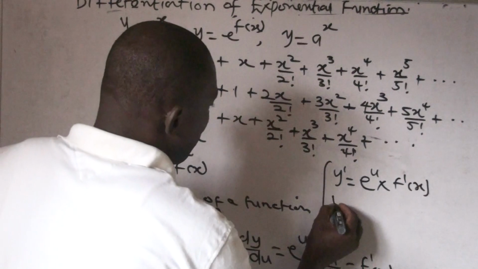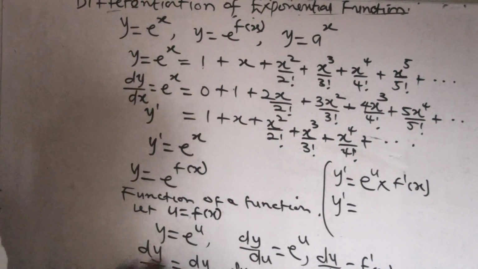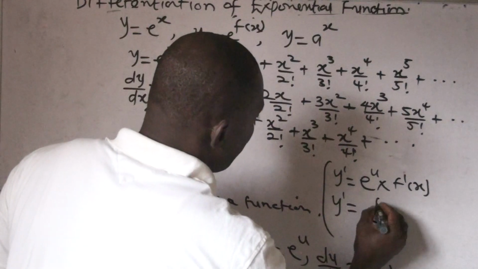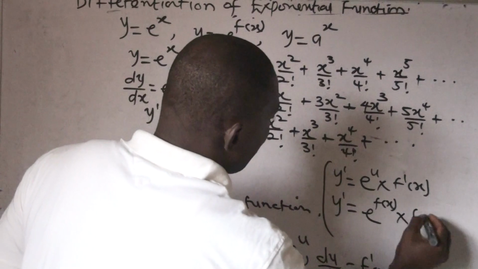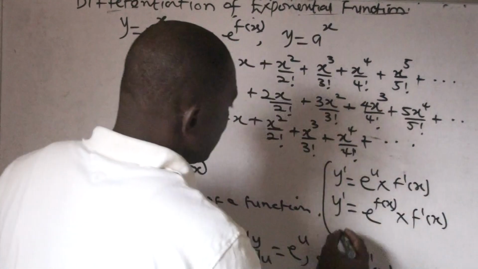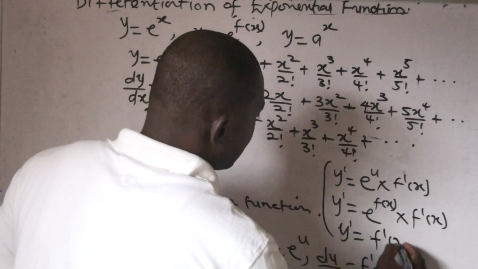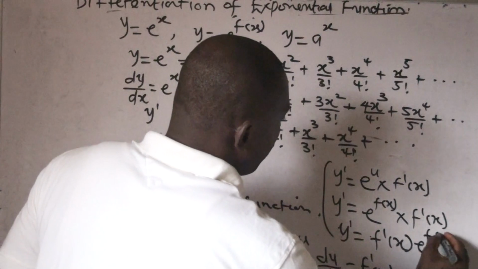So if we substitute, we know that u is equal to f of x. So here we have e raised to the power f of x times f prime of x. So we can rewrite this as f prime of x e raised to the power f of x.